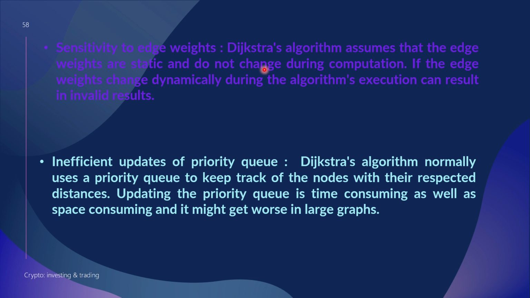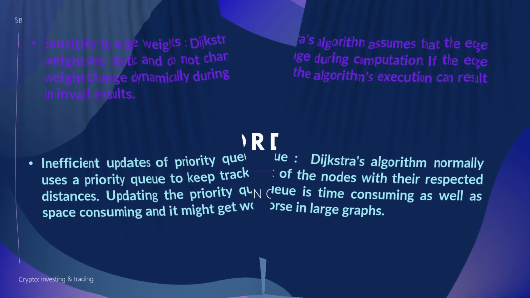So it keeps track of the distances and the shortest node path. While updating, this priority queue uses a lot of time as well as space. So if the graph we are traversing is much larger, then it might get worse, because updating the priority queue is not an easy task.